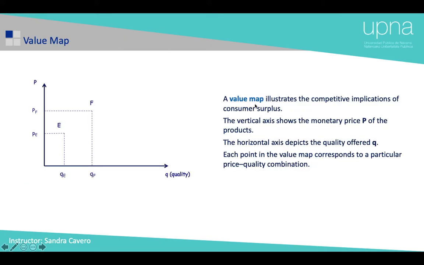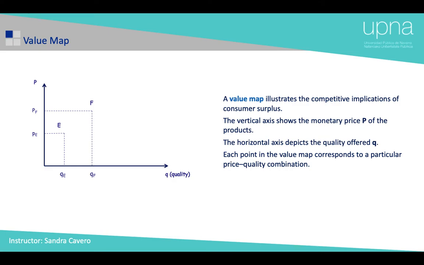Okay, then a value map illustrates the competitive implications of consumer surplus. The vertical axis in a value map shows the monetary price of the products, and the horizontal axis depicts the quality offered, Q. Each point in the value map corresponds to a particular price quality combination.